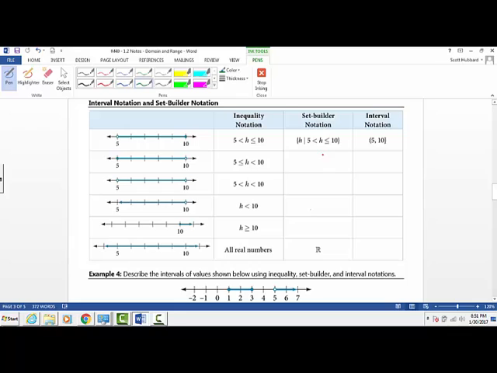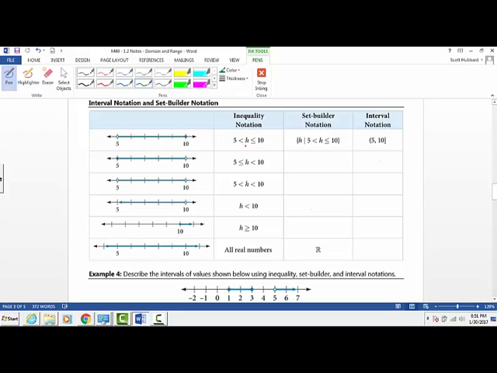Don't worry so much about this set builder notation. It's just that your book does it a few times, really just to get practice with saying, okay, here's a number line, here's the inequality, how would I write that as an interval? So please pause the video and come back. First you write these inequalities as their intervals, like I did here for the first one.